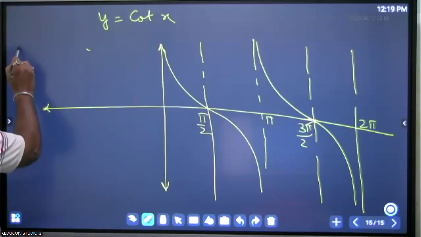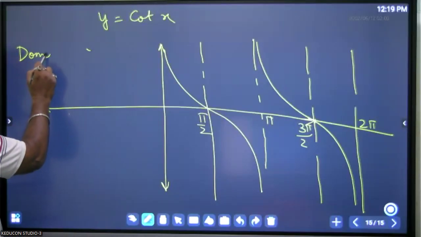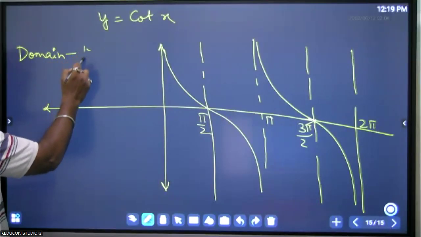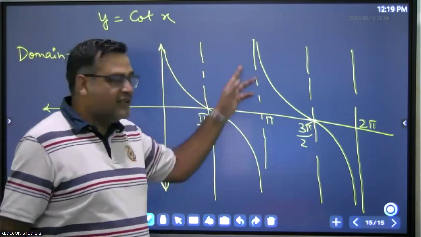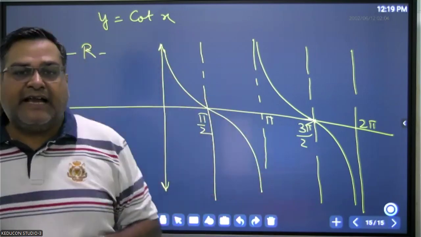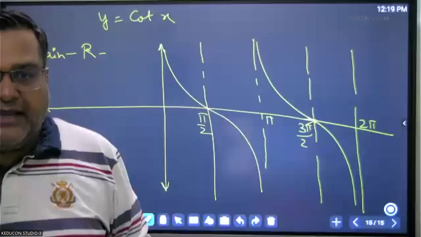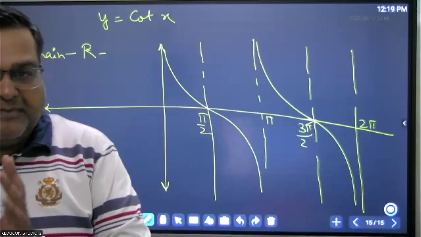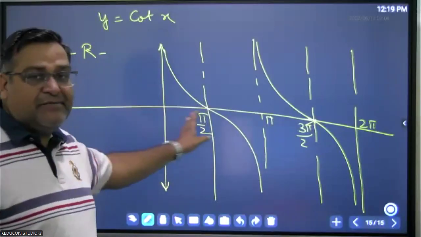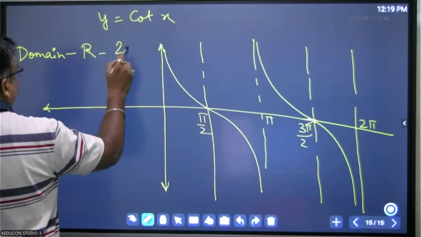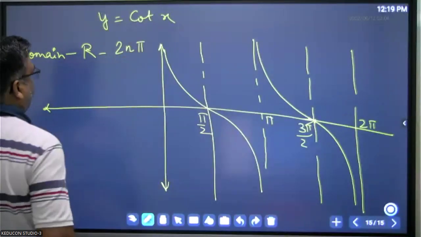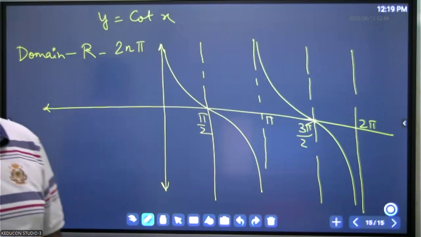So its domain will be all real numbers minus the points where it is not defined: at 0, pi, 2 pi, 3 pi, meaning even multiples of pi. So what can you write? 2n pi. When you put n as 0, it will become 0.